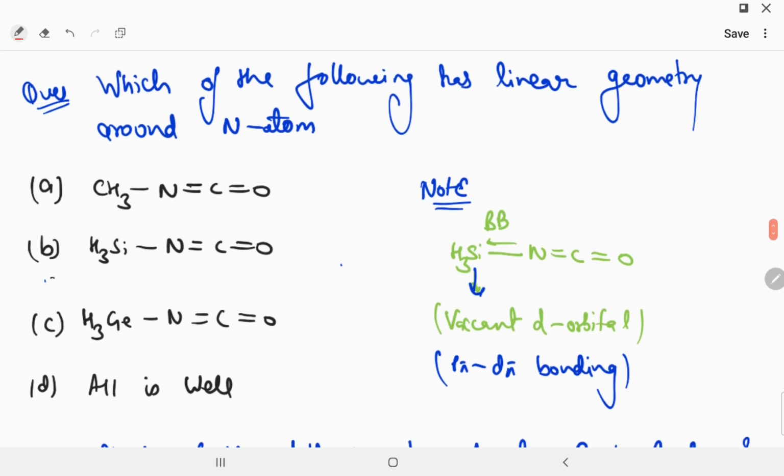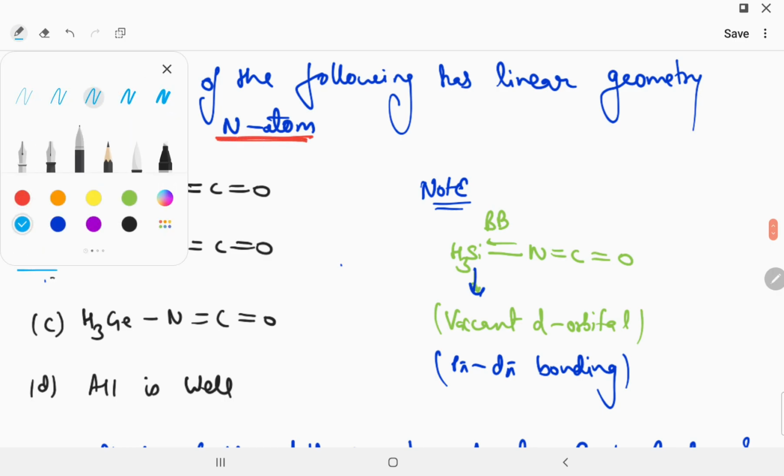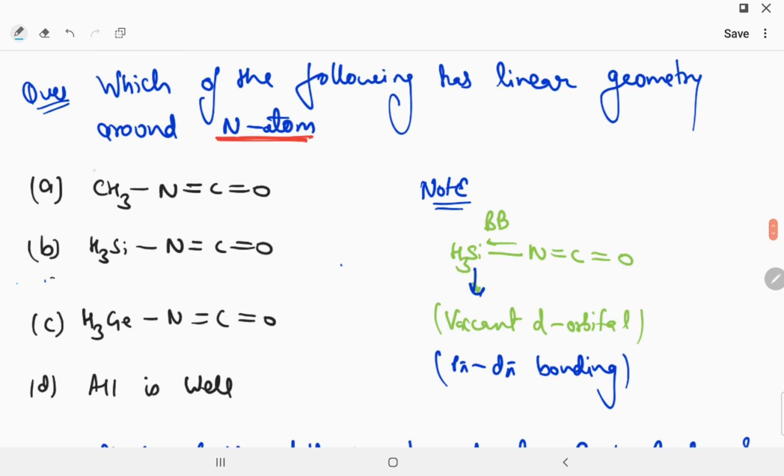If you are able to see, which of the following has linear geometry around the N atom? Means the nitrogen atom. So this is a very important question. You are able to see that this is carbon, so no vacant orbital. In B we see that silicon has a vacant orbital.